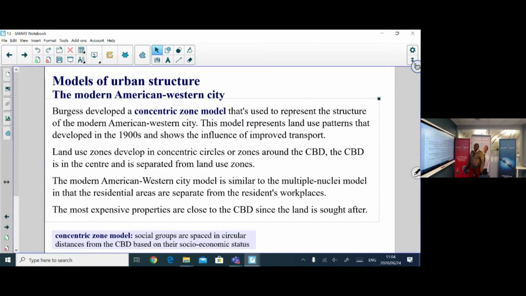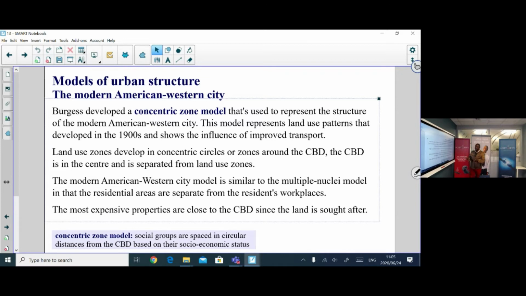Today, we are moving on to another model, which is called the modern American Western city. It is also called the concentric zone model, which was developed by a man called Burgess in the 1900s.